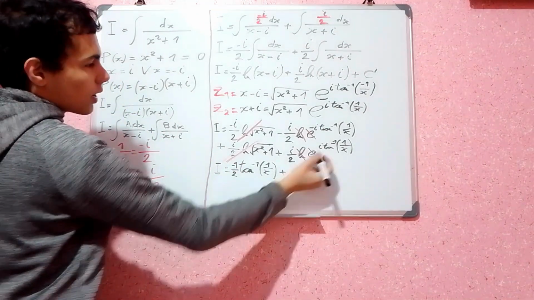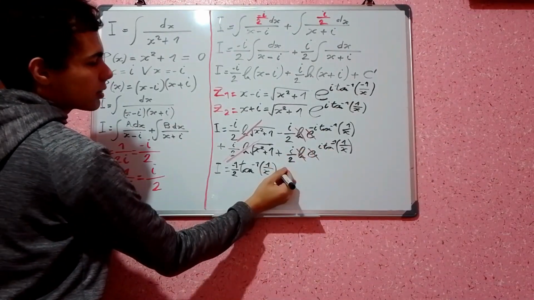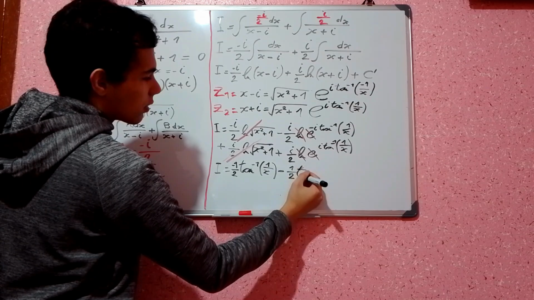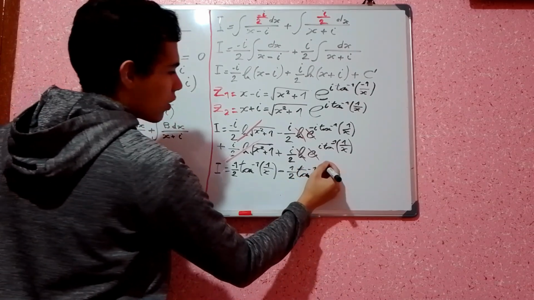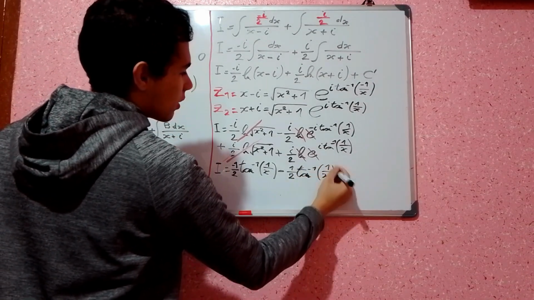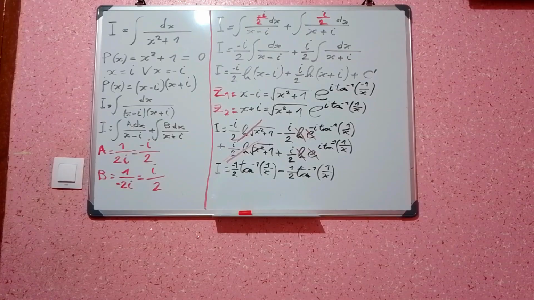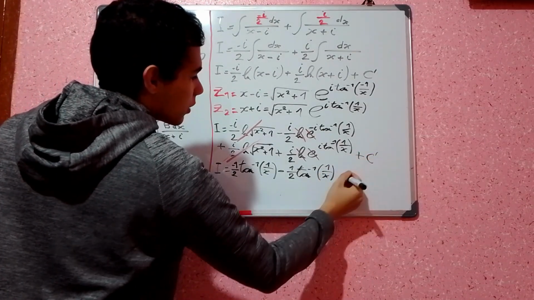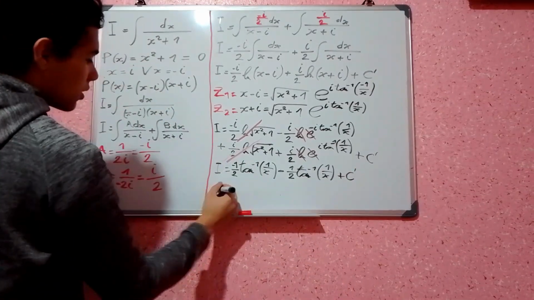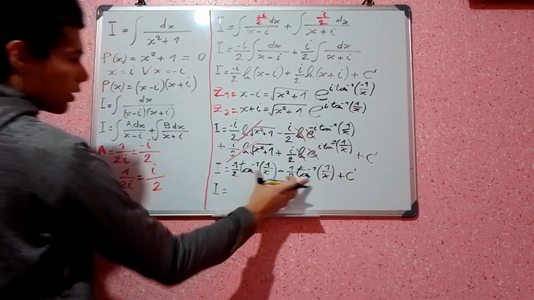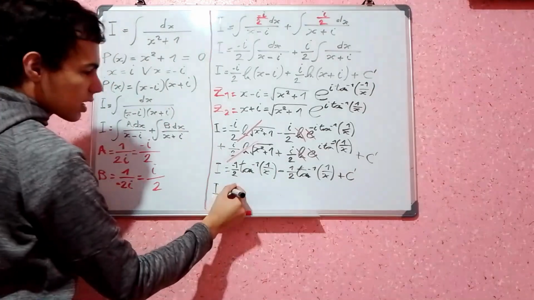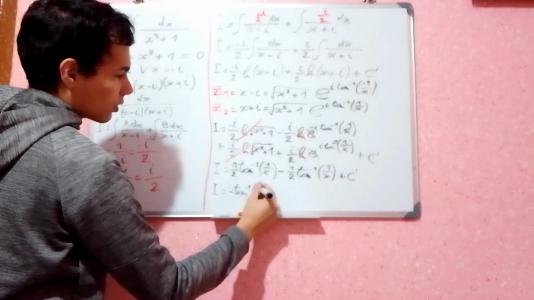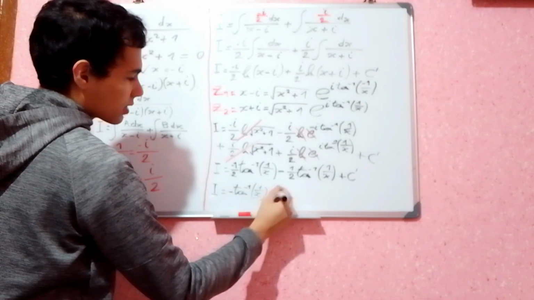Okay, so here i with i is also minus, so minus 1/2 inverse tangent of 1 over x. Yeah, don't forget the plus c prime. Okay, so I equals, this part is just the same, so we say minus inverse tangent of 1 over x plus c prime.